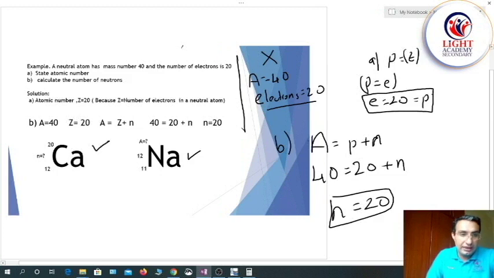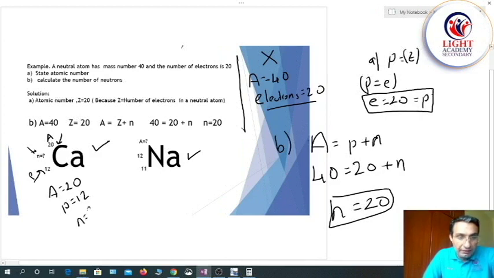Now I have two more examples. For calcium, the values are given to you. I told you that on this side the atomic mass is always written, here the number of neutrons, and here the proton number. They are asking the value of N. I know that A is 20, P is 12.